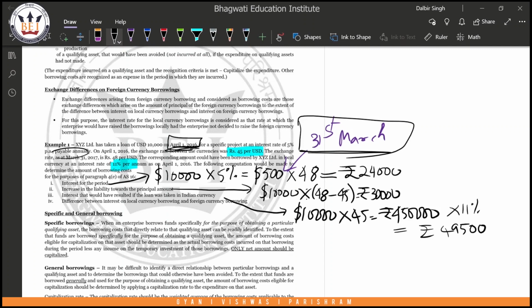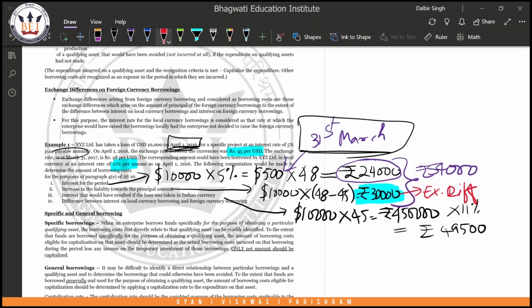But I have taken a loan in USD. Now, if I have taken a loan in USD, what is the total cost for me? This is the total cost, which is rupees 54,000. Even though I'm paying an interest of 24,000, this 30,000 is called exchange difference.